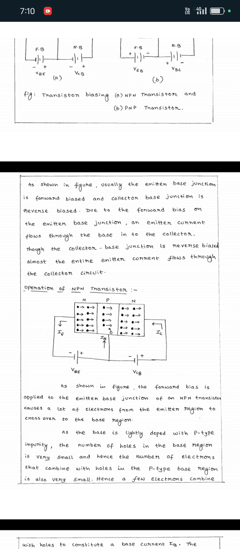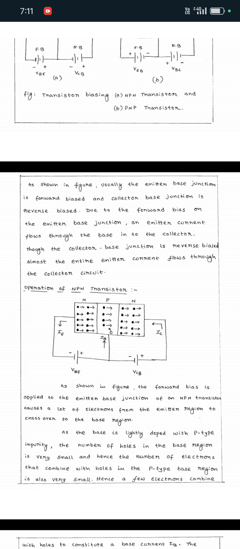Now moving to the operation. Case 1: the forward bias is applied to the emitter base junction. In that, the negative charge is there, and in the N type the majority carriers are electrons. We know that same polarity repel each other.